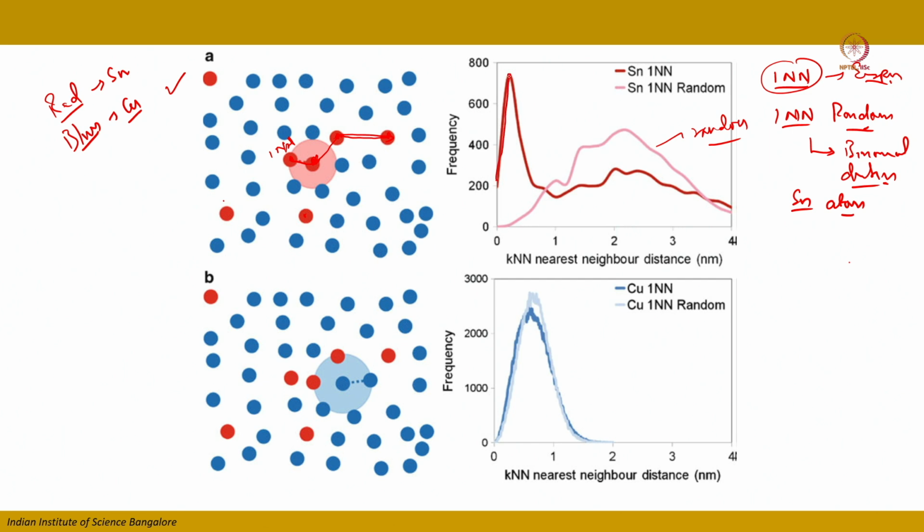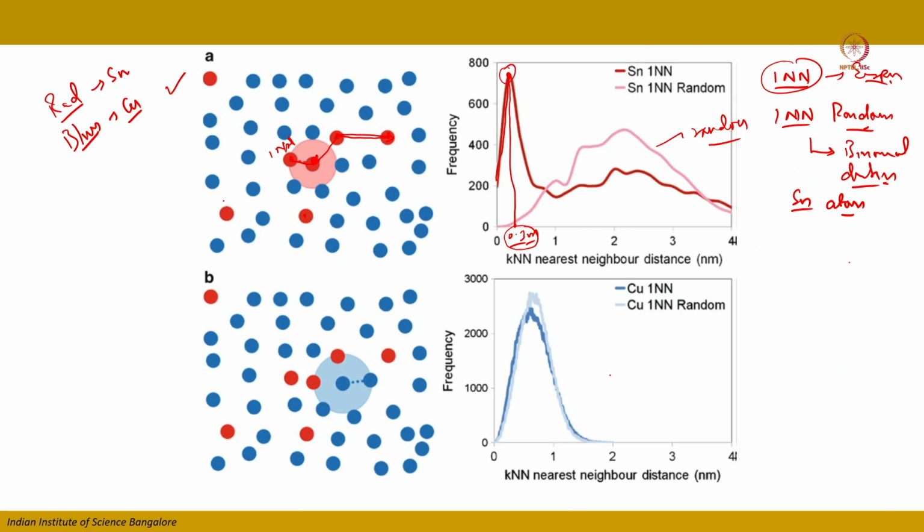The frequency increases at this particular nearest neighbor distance, which might be around 0.3 nanometer. So most of the atoms are at a distance of nearest to 0.3 nanometers, and the frequency is very high.